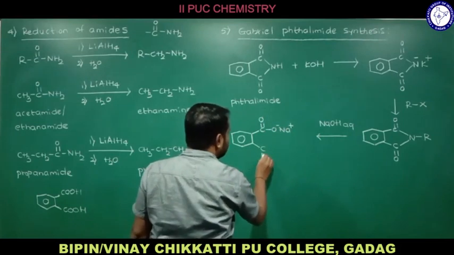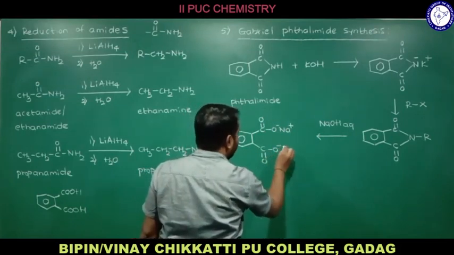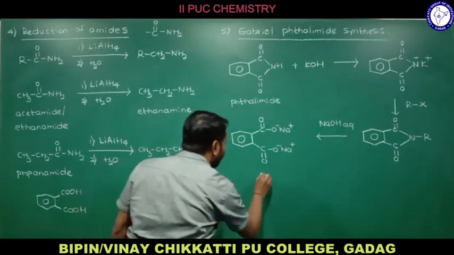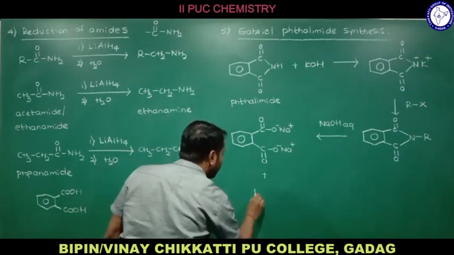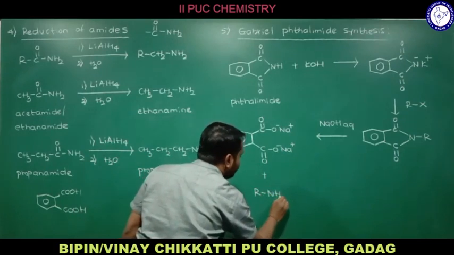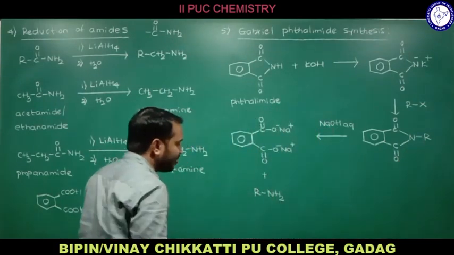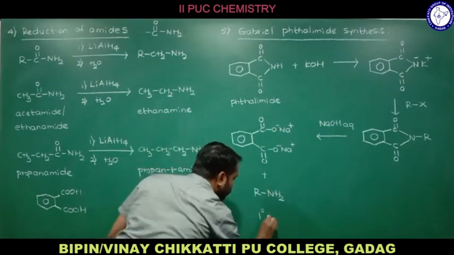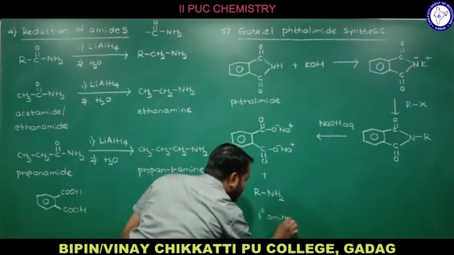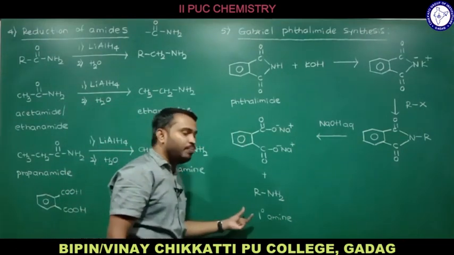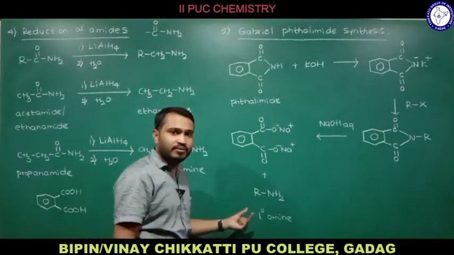This is C double bond O and O minus Na plus, the sodium salt of phthalic acid. But the main product we get along with this is RNH2. Here we have an alkyl group, so we get RNH2, which is nothing but the primary amine. So this is how, using Gabriel phthalimide synthesis, we can prepare a primary amine.